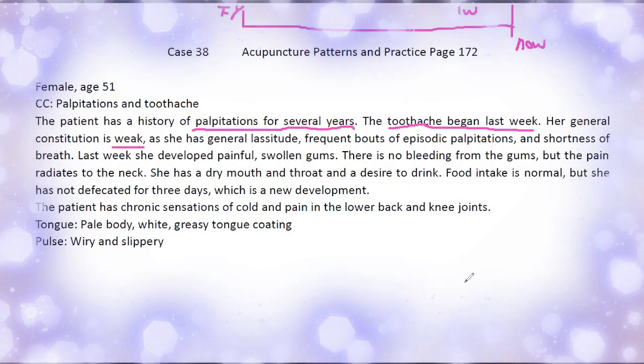That can come from qi deficiency, yang deficiency, yin deficiency, blood deficiency, or essence deficiency. It just tells us it's a deficiency case, but we couldn't figure out what kind of deficiency. The general lassitude is usually qi deficiency, and these patients are also frequently short of breath, that's qi deficiency.